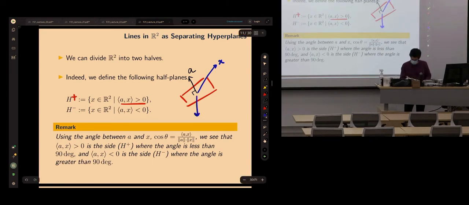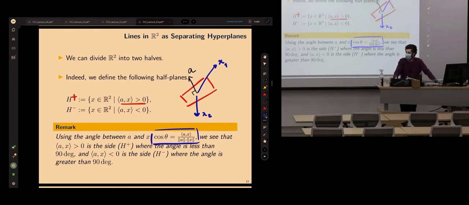You can have x1, you can have x2. Now, if you know the angle formula between two vectors, it's the inner product, or the dot product, divided by their norms. If the angle is less than 90 degrees, the inner product will be positive. If it's negative, it's the other way.